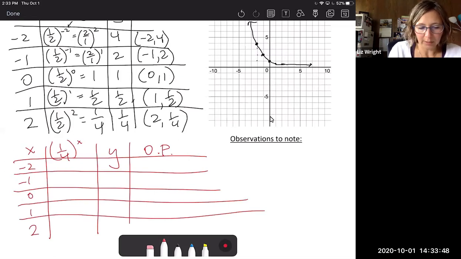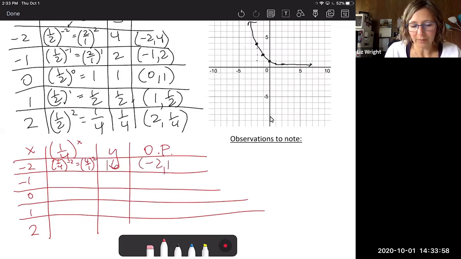So here we're going to do 1/4 raised to the -2nd. Again, that's going to be 4/1 squared, which is going to give me 16. So it's going to be -2, 16. Then 1/4 raised to the -1st is going to give me 4, so we have -1, 4.